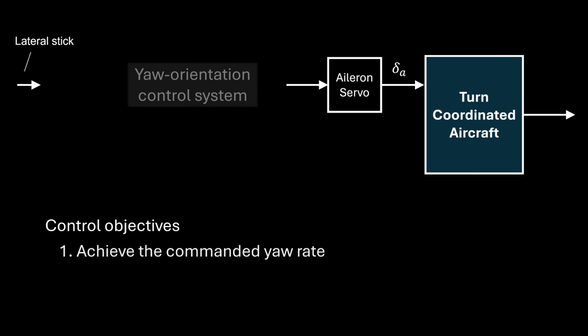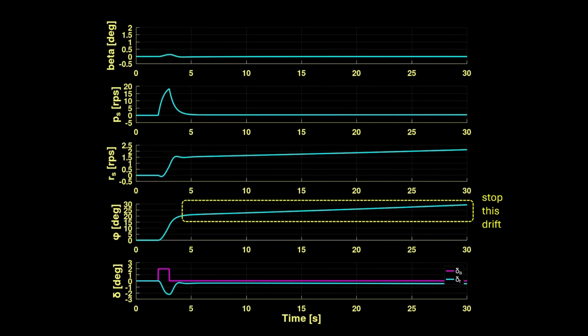First, we must achieve the commanded turn rate. And second, we must regulate residual roll rate that is induced from the aileron action. This small roll rate is observed in the drifting roll angle after the aileron pulse of our previous simulation.